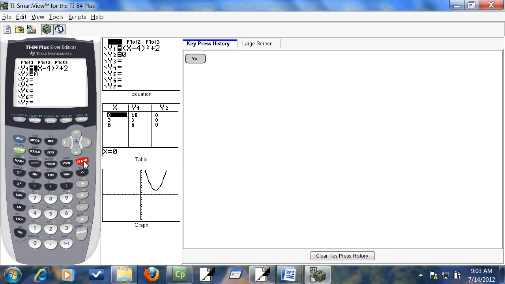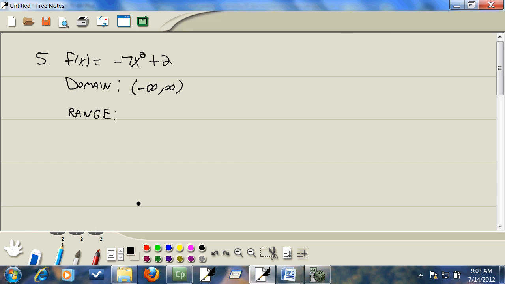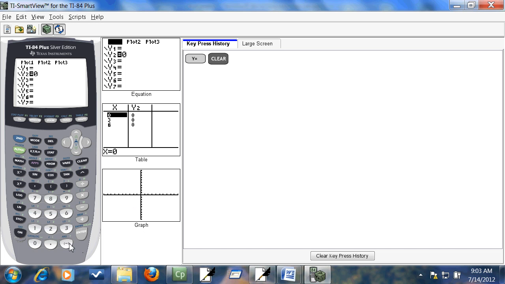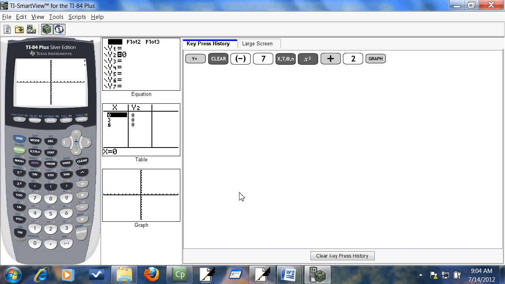So I'm going to press y equals, clear, and enter negative 7x squared plus 2. Now we know the 2 shifts it up, and then the negative flips it across the x-axis, so it flips upside down. So let's push graph and see what it looks like.